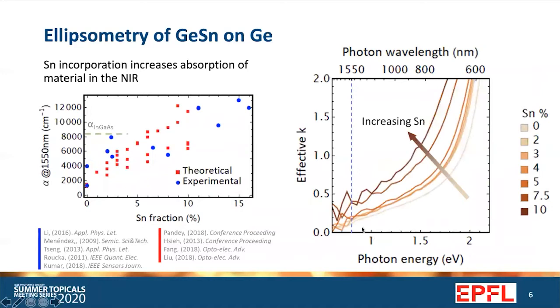And if we zoom in around 1.55 micrometers, we indeed see that K increases as tin concentration is increased. However, we are not able to extract the absorption coefficient from these curves because we do not have the right dispersion model in our software. But still, we can clearly observe that the absorption increases.